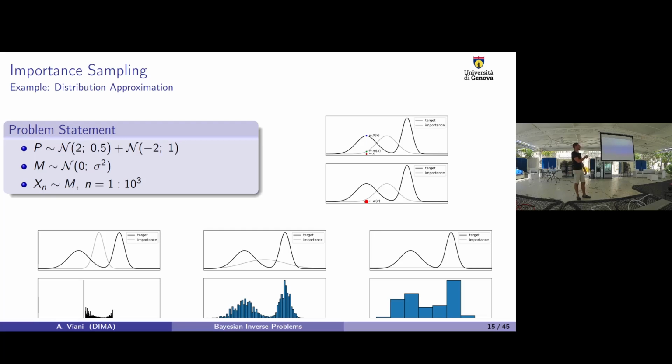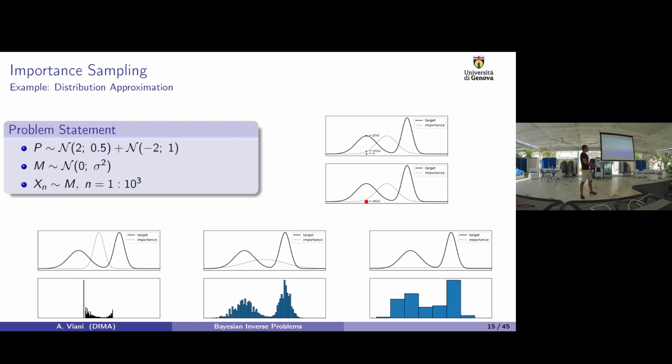I'm lazy, I don't want to take a paper and write down the convolution of the two, and so I introduce an importance density that is just a Gaussian with zero mean and some variance, and I take samples from that. I take a lot of samples, 1,000. Okay, which is the problem?